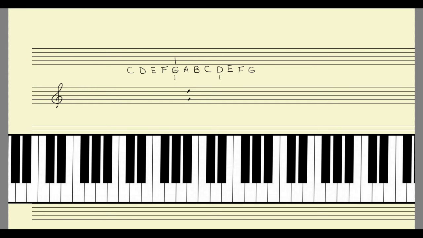So if I start on G, I count G1, A2, B3, C4, D5. And I come up with the answer that the interval from G to D is a fifth. I start counting 1 on G, I end counting 5 on D.